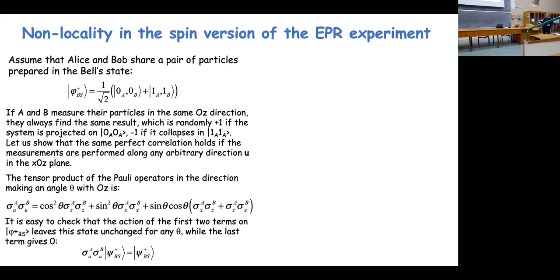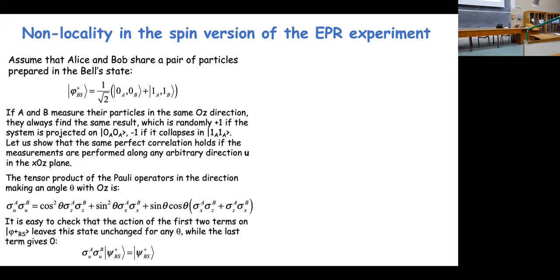And cosine square theta plus sine square theta gives 1. So the action of the first two parts of this sum leaves the state psi plus invariant. And the last one gives 0. Let me show that. So in fact, I have shown that sigma ZA, sigma ZB acting on this state gives the same state.